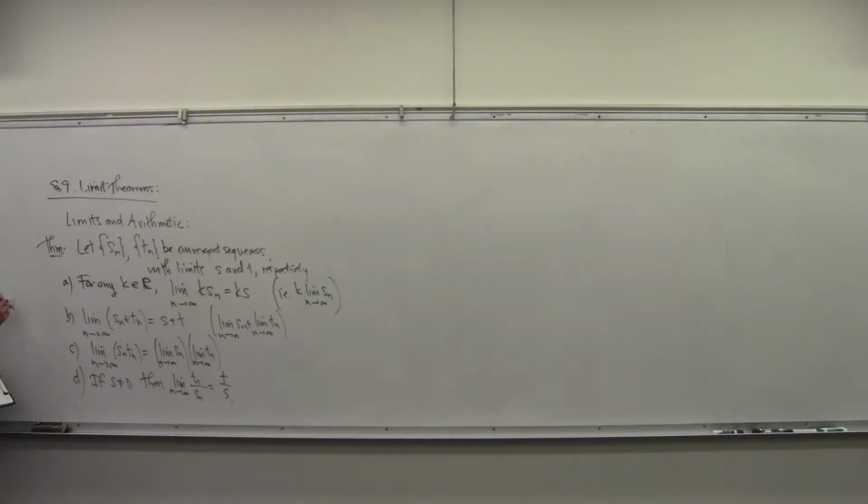Okay, so what this is saying is that the limit commutes with arithmetic operations, right? It doesn't matter in what order you do it. You can either do that one first, or you can do it the other way, right?